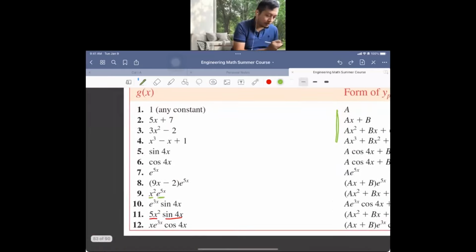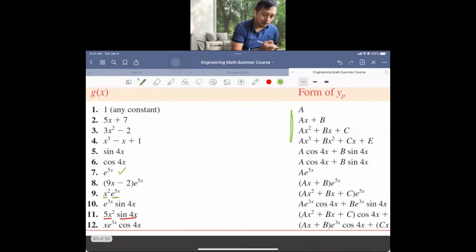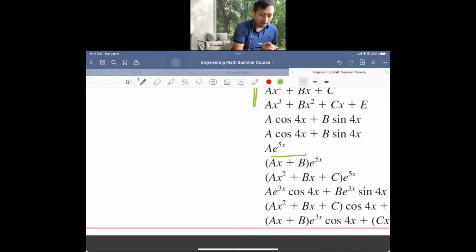When you have an exponent, you will have a constant multiplied by the exponent, because remember, when you differentiate an exponent it brings back its own original equation. So you need to include e to the power of 5x. If we have a linear equation multiplied with the same exponent, we can just make it linear times exponent. The same when you have a polynomial and an exponent.